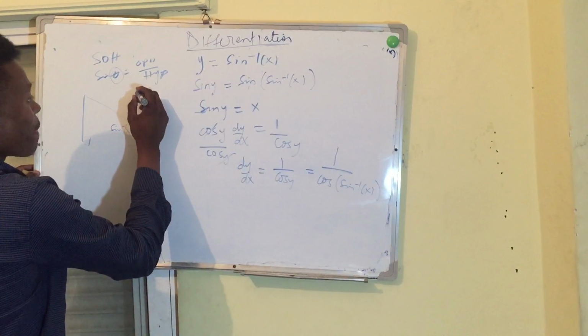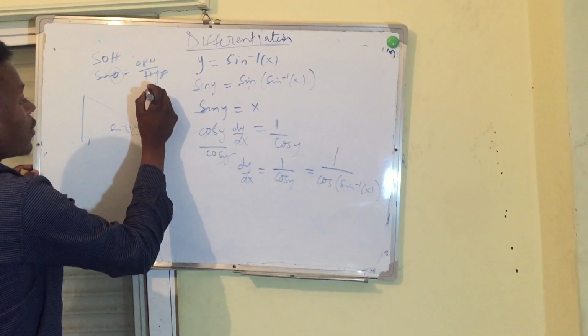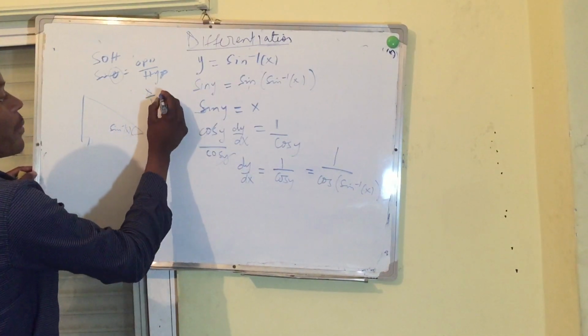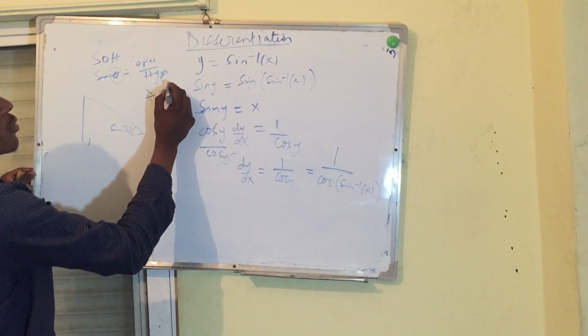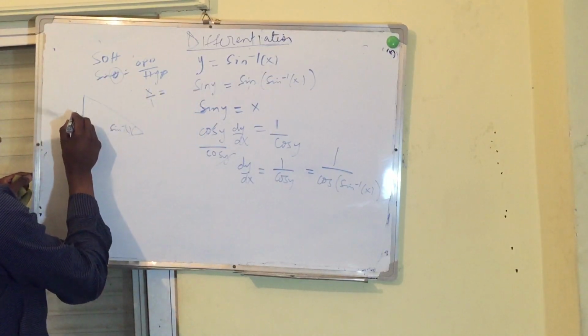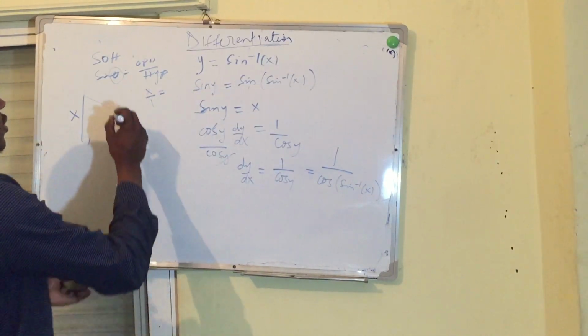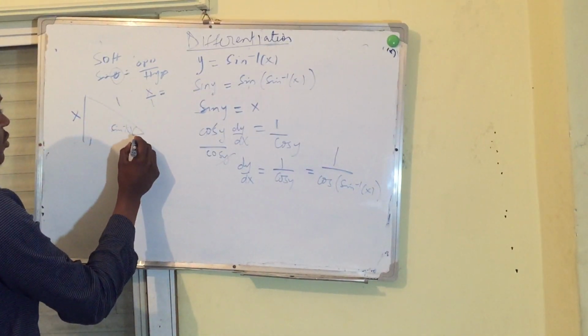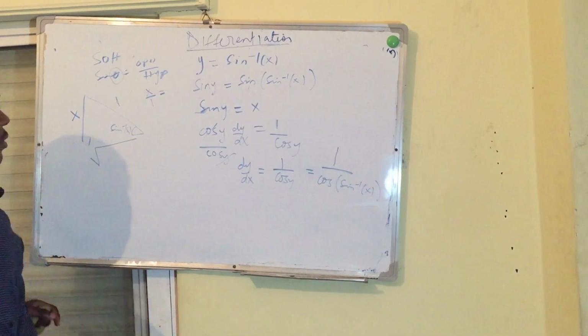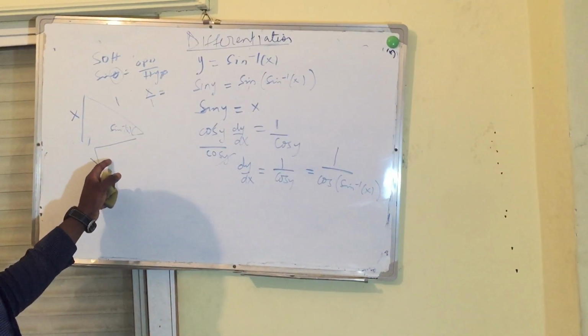So this shows that x is the same as x over 1. So the opposite is x, that is the side the angle is looking at. Then the hypotenuse is 1 here. So what is the other side?